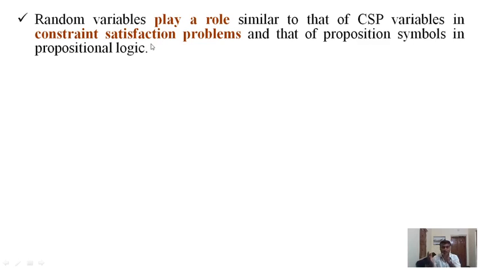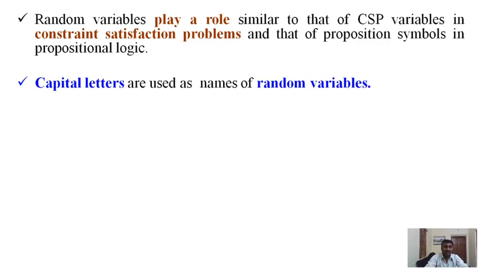So propositional logic and probability theory have some coincidences. Just as propositional symbols are there in propositional logic, in the same manner in probability theory we have random variables.